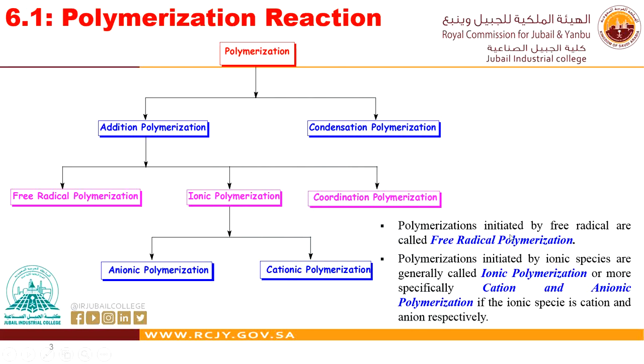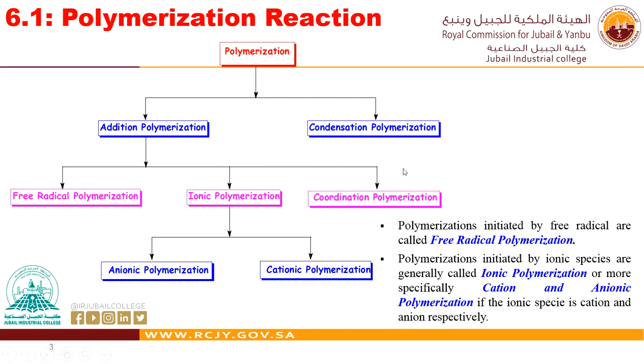So any polymerization that is initiated by a free radical is called free radical polymerization. If it is initiated or started by a cation, that is called cationic polymerization. And if the polymerization is initiated by an anion, then it is called what? Anionic polymerization.